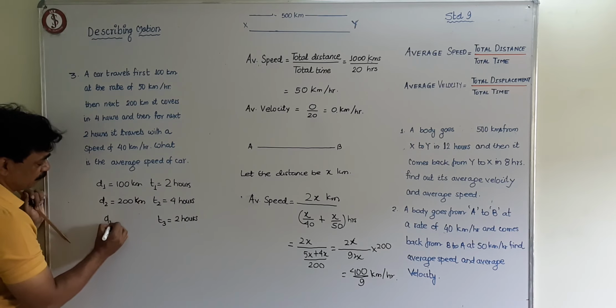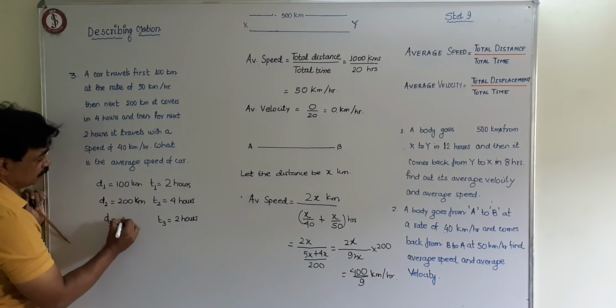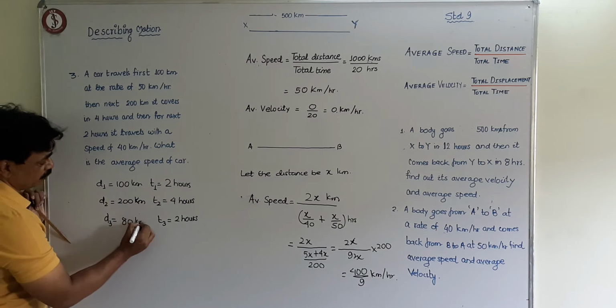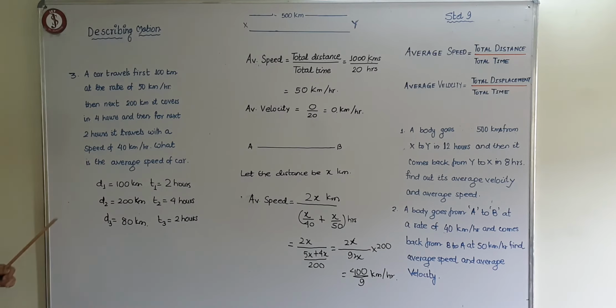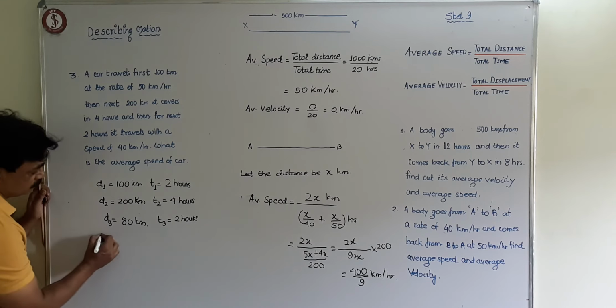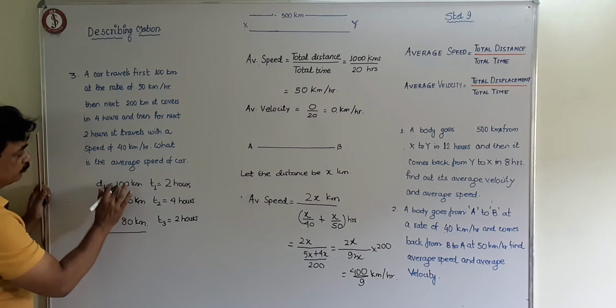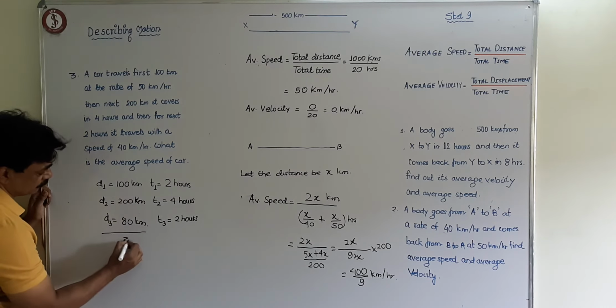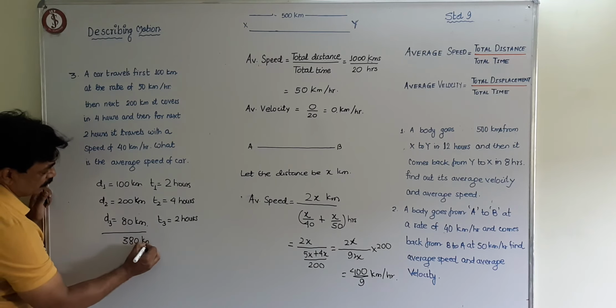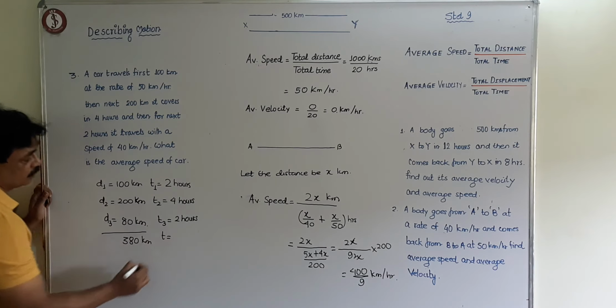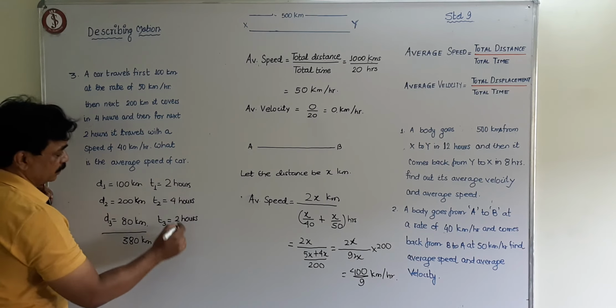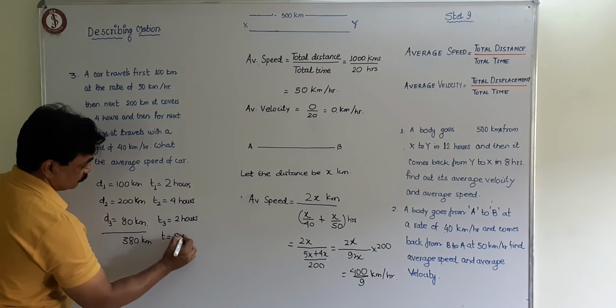So total distance traveled in the third step is 40 into 2, 80 kilometers. Because the speed is 40 kilometers and it has traveled 2 hours. So total distance will be 200 plus 100 plus 80, 380 kilometers, and total time will be 2 plus 4 plus 2, 8 hours.